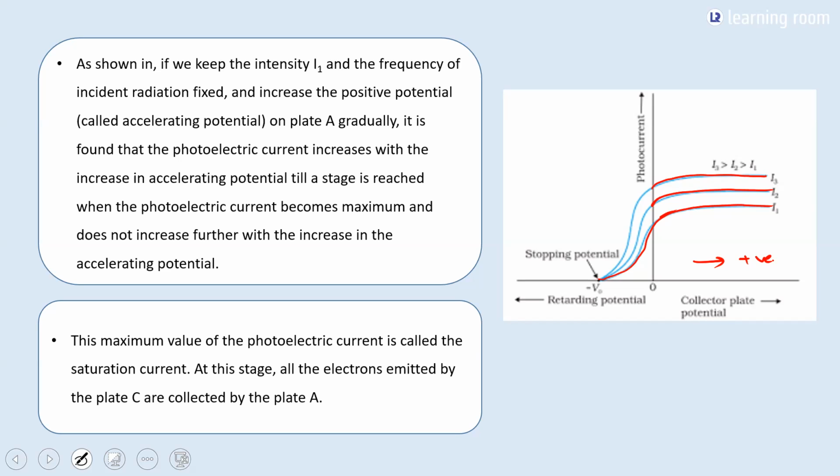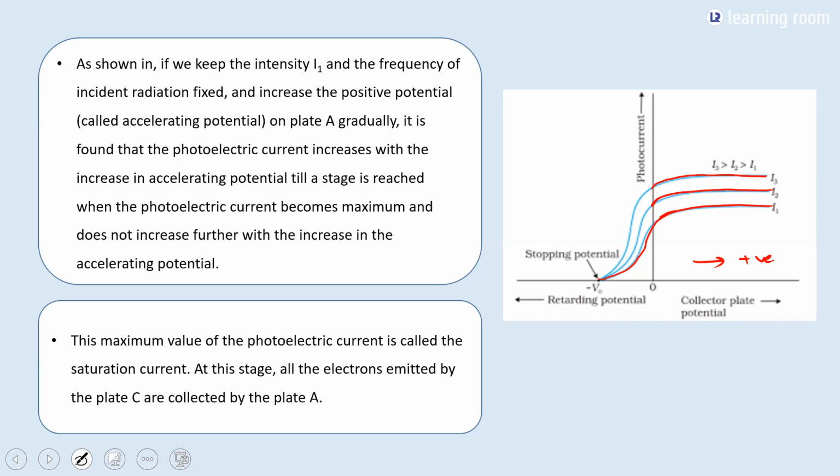At that point, none of the electrons that got emitted from the emitter plate will be able to reach the anode. At that point, what is going to be the value of the photoelectric current? When the electrons are not able to reach the anode, what is the photoelectric current? It is 0. Meaning, when you start applying the potential in the reverse direction, the photoelectric current will gradually decrease, and at one point it will become zero.